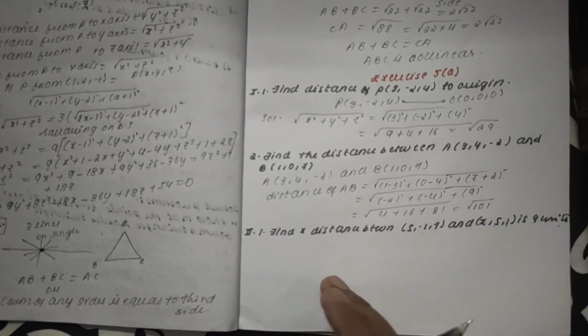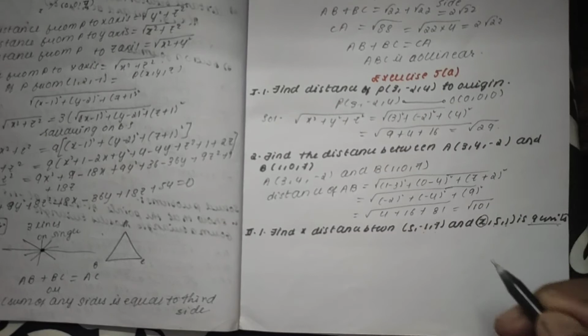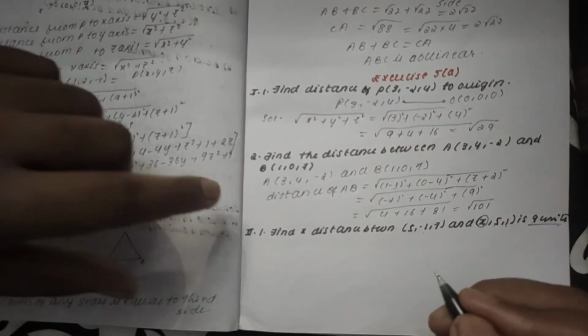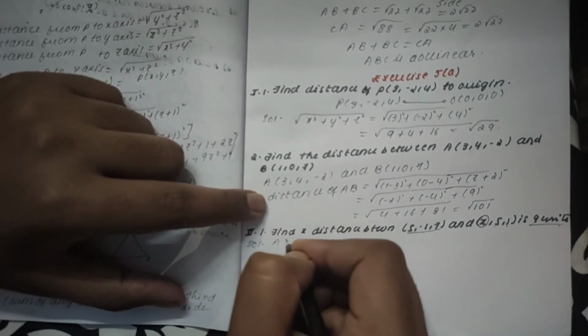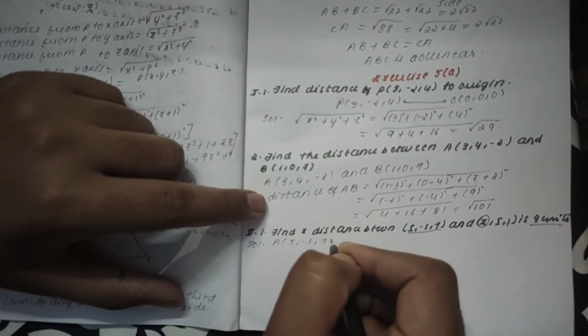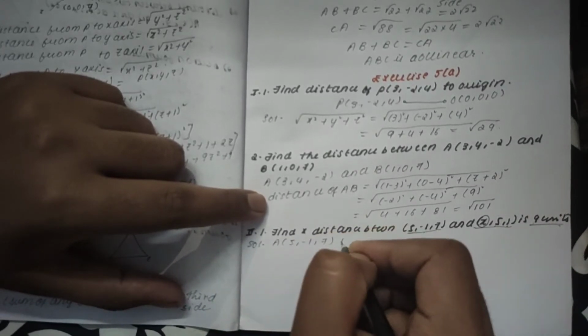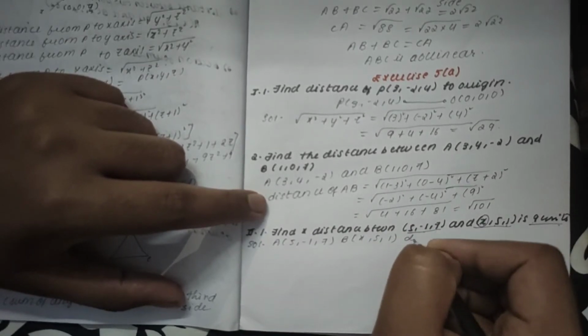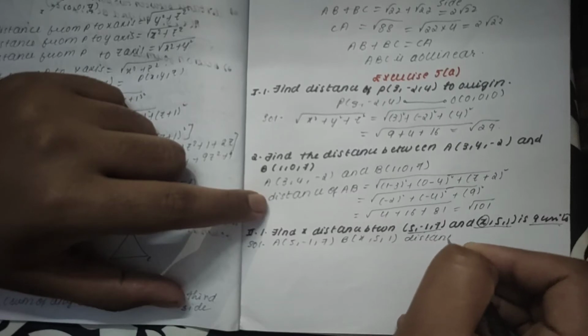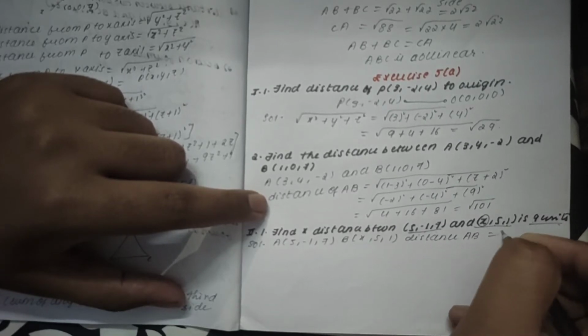But in this sum, he gave the distance between the 2 points and asked to find the value of x. So before solving this sum, assume this point to be A(5, -1, 7) and this to be B(x, 5, 1). Distance between AB is 9 units.